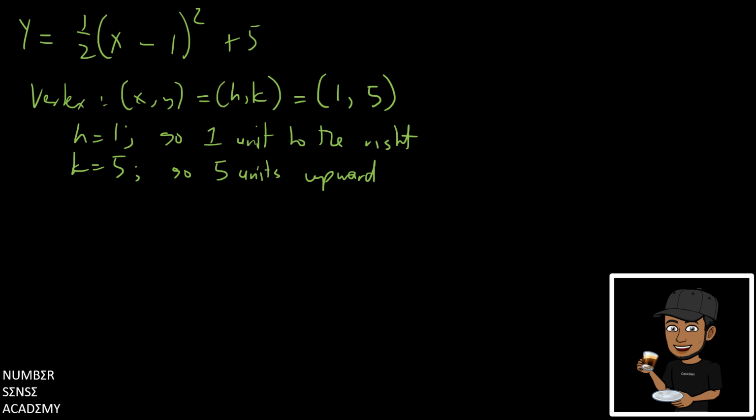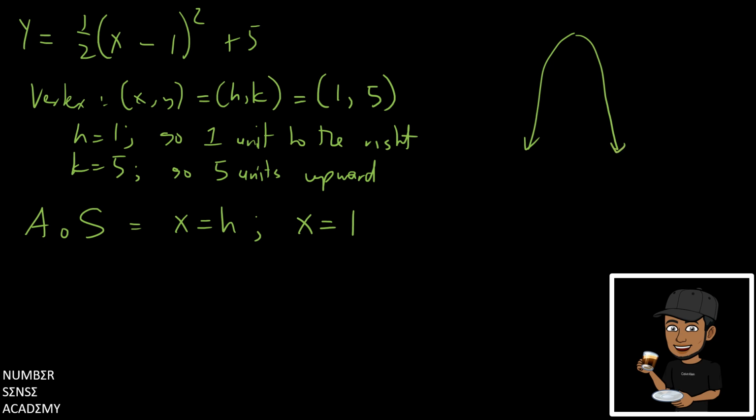The equation of the axis of symmetry, AOS, is just x equals h. So h is 1, so that's the equation of the axis of symmetry. And the axis of symmetry, if I have a parabola, is what cuts the graph in half. Okay? So half is over here, the other half is over there.